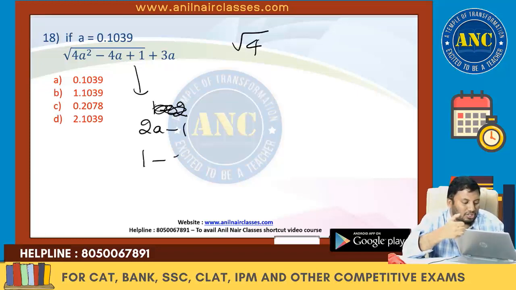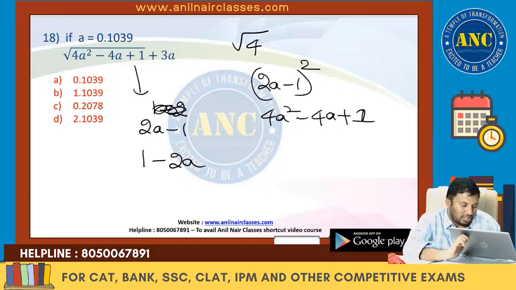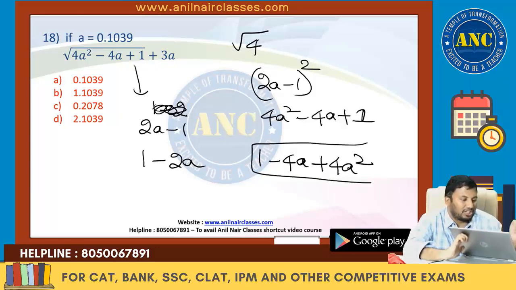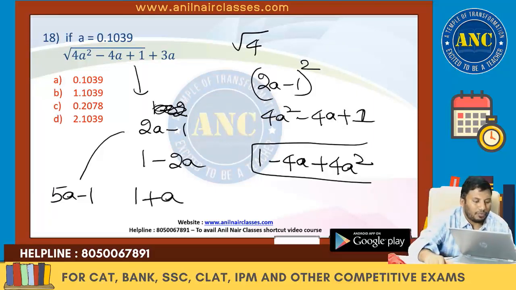Because 2a minus 1 whole square is 4a square minus 4a plus 1. I hope it is clear. So this is nothing but 1 minus 4a plus 4a square. Change in the order, I will get this value. So this is nothing but 5a minus 1, and next one is 1 plus a. I hope it is clear.